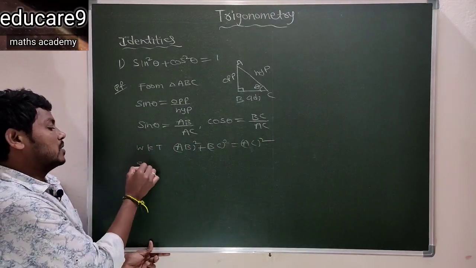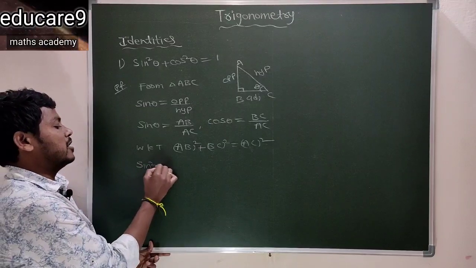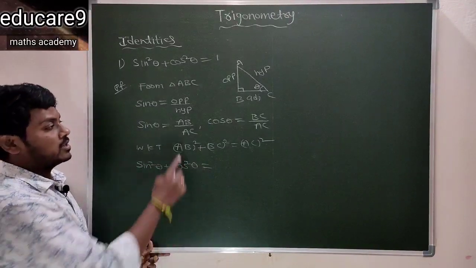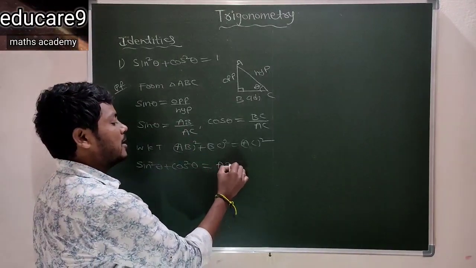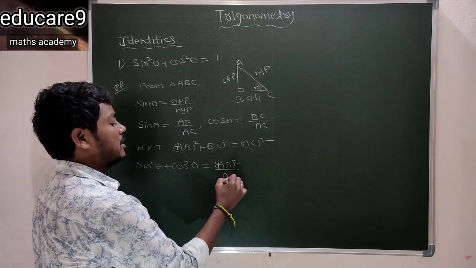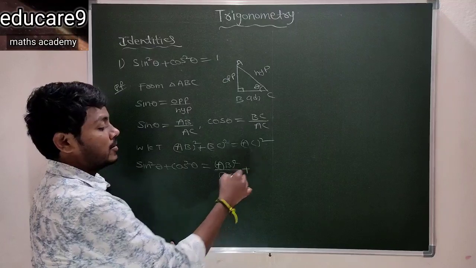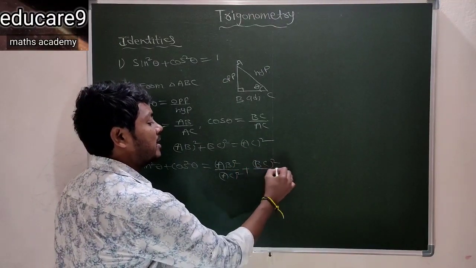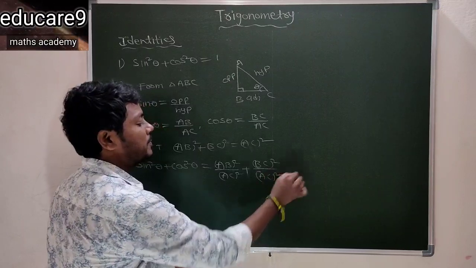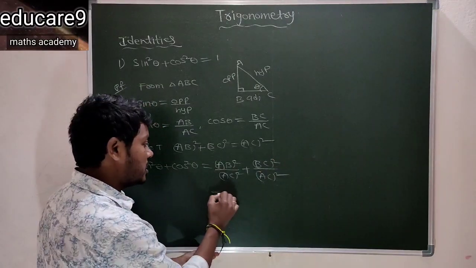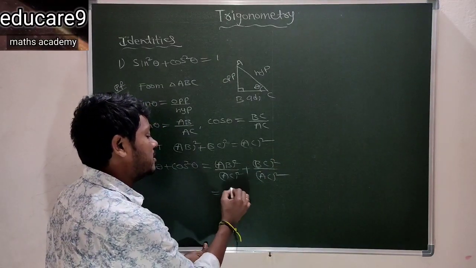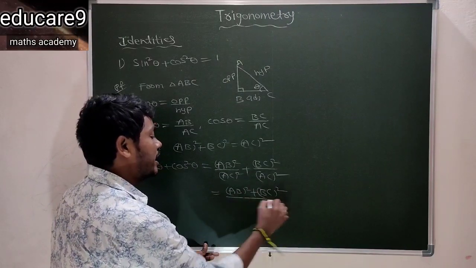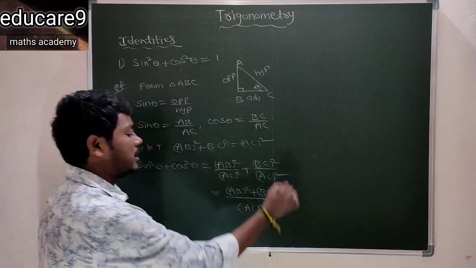So here sin square theta plus cos square theta. Sin square, that is AB square by AC square, plus cos square, that is BC square by AC square. So this is equals to AB square plus BC square, divided by AC square.